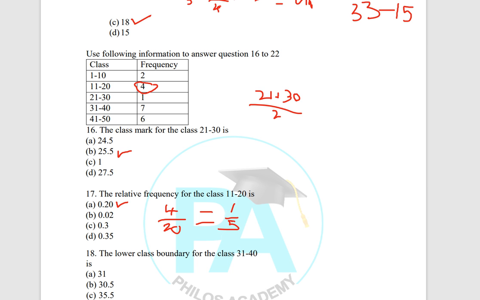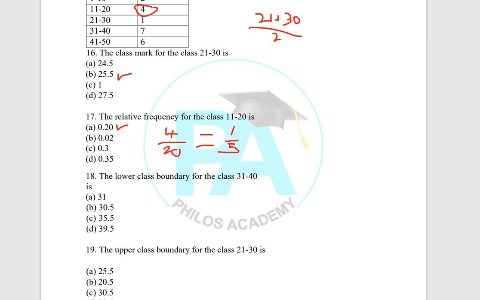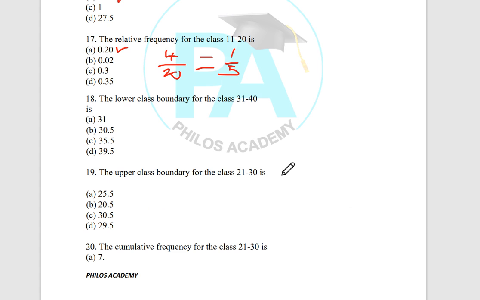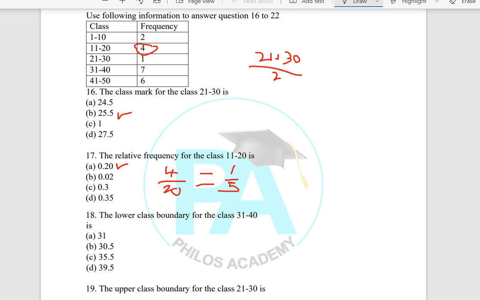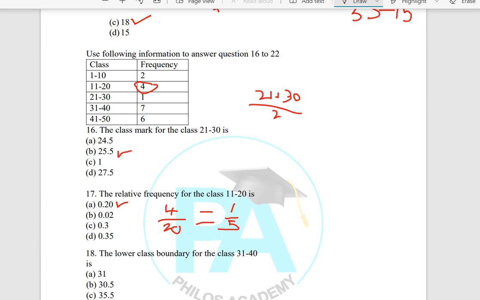Okay, so let's proceed to question 18. Question 18 says the lower class boundary for the class 31 to 40 is. To know the lower class boundary, we are finding it for this class, so let's mark it down.